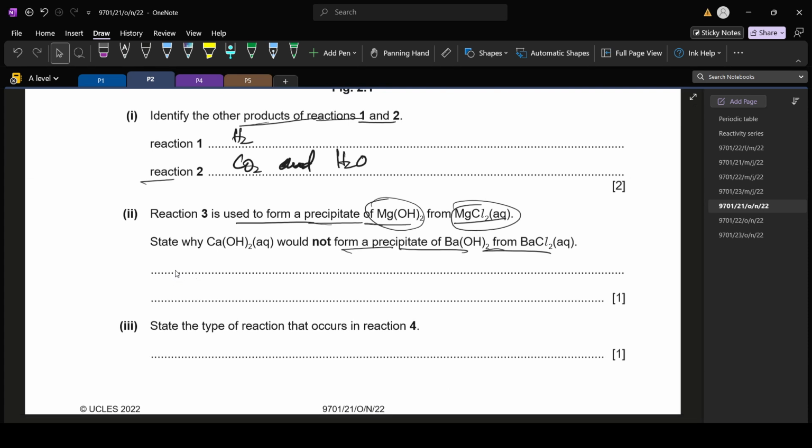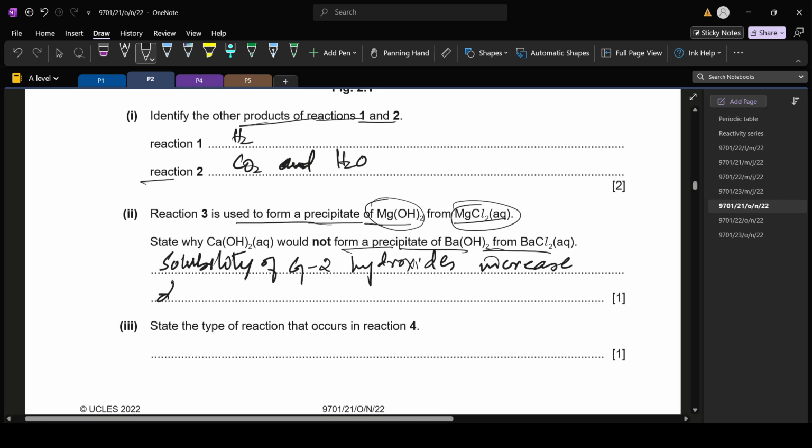Barium hydroxide is soluble. You can write: the solubility of group 2 hydroxides increases down the group.